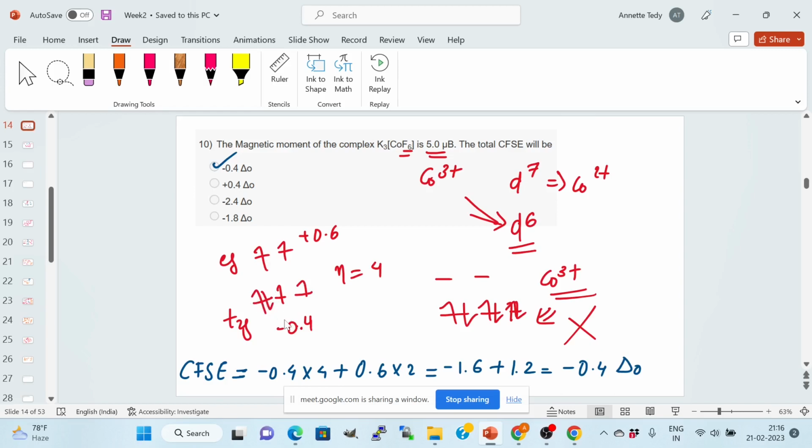Now the CFSE: for each electron in t2g, the contribution is minus 0.4. So there are 4 electrons, so minus 0.4 into 4 plus each electron in eg will have 0.6 contribution, so 0.6 into 2. So this is minus 1.6, this is 1.2. So minus 1.6 plus 1.2 is minus 0.4 delta O. So option A is the right answer.